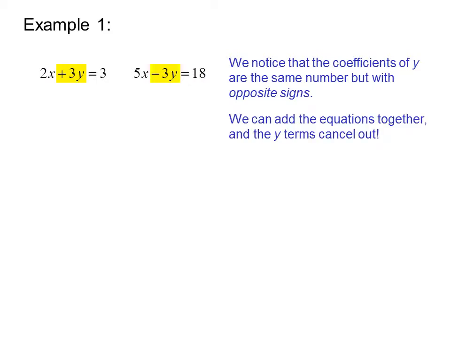We can add the equations together and the y terms cancel out. We put one equation under the other and add the two equations together. In this case, we get 7x equals 21 because a positive 3y and a negative 3y cancel out.